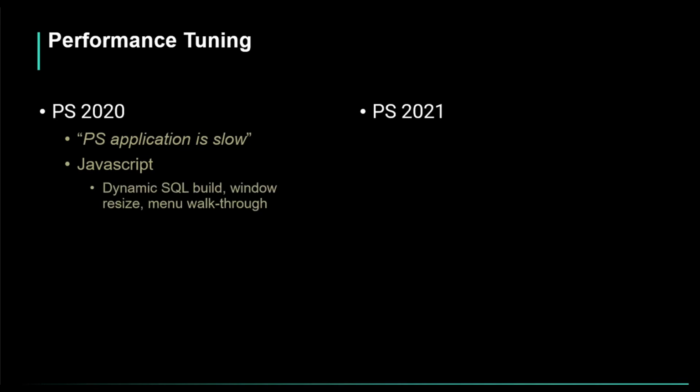Affected by this lower performance are dynamic SQL constructions, data caching, and window resize, rather than menu walkthrough, because JavaScript is a single-threaded interpreted language and recursive code or intensive usage of memory structures leads to poor performance.